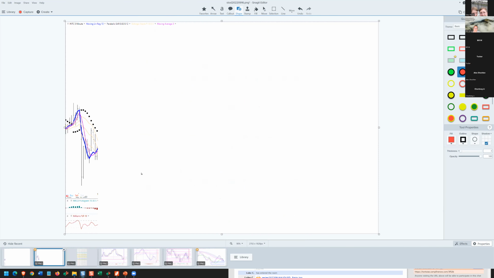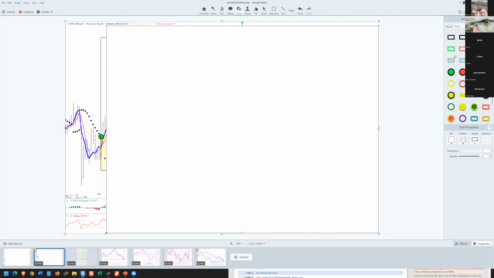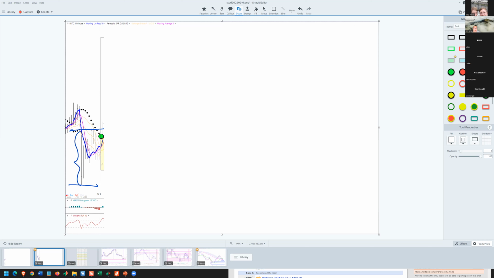Take a quick look at some sniper trades. This is in Intel on a 3-minute chart. So let me show you, here's the OR3. That little segment right there.